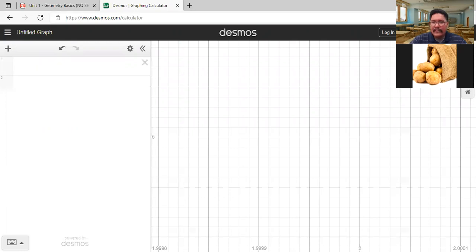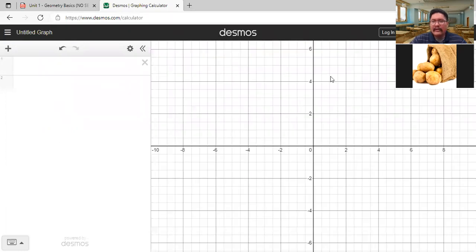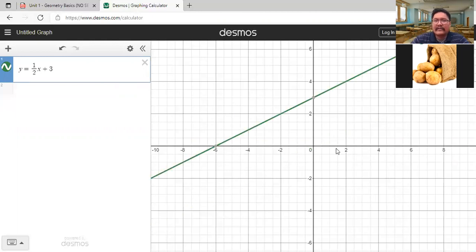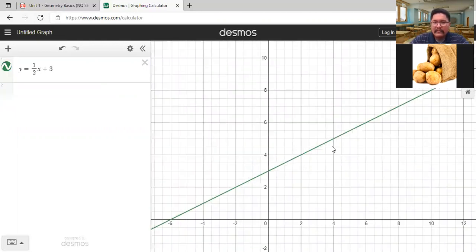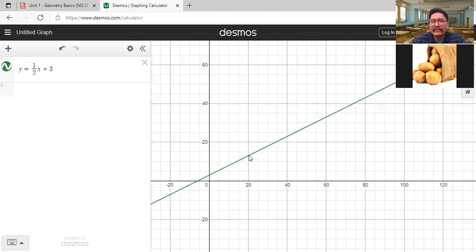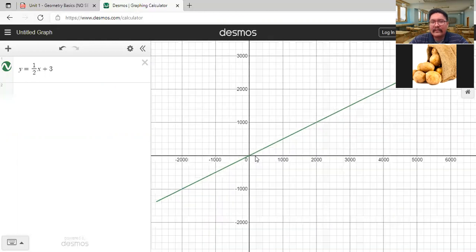Very useful. And I'm going to push the home button, and that's going to take me back to the original screen. And I'm just going to type in something that's kind of basic. So here I have a green line. And if you're in Algebra 1, you're familiar with lines, and I can zoom out. Right?